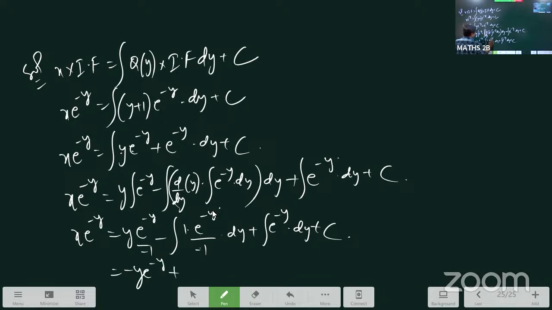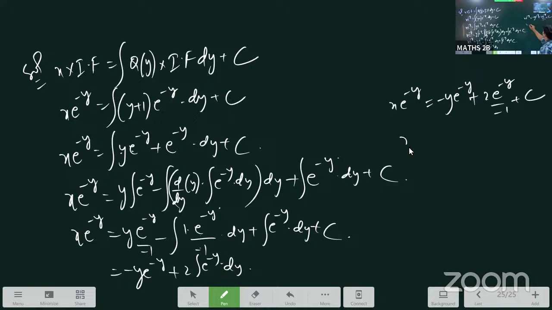Now the integration of e power minus y is 2 into the integration of e power minus y dy. That is x e power minus y equals minus y e power minus y plus 2 into e power minus y by minus 1 plus c, so x e power minus y equals minus y e power minus y minus 2 e power minus y plus c.